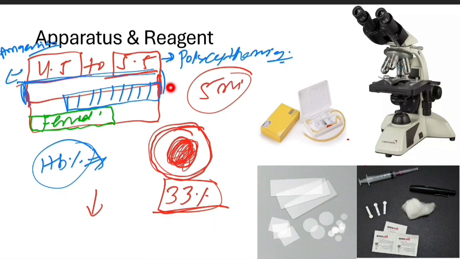So if RBC is less, then the percentage of hemoglobin will also go down. That's why if RBC count is less, it will lead to anemia. That is the main factor here why we also consider RBC. But first, if you want to check anemia, you have to check hemoglobin. If hemoglobin is normal, there is no issue. If hemoglobin is less than normal, then you have to find out the reason. Is it iron deficiency, or is it because the RBC count is less?